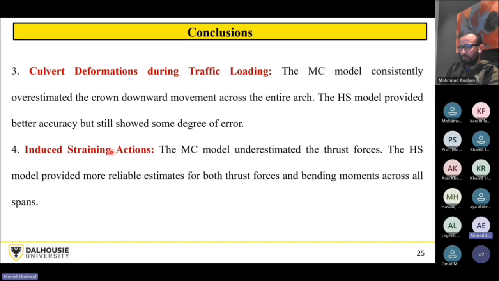The straining actions and the internal forces are not a big deal, but you must consider that the Mohr-Coulomb model underestimated the thrust forces. If you are doing value engineering, you must consider this, especially for buckling, because buckling in large spans is very critical.